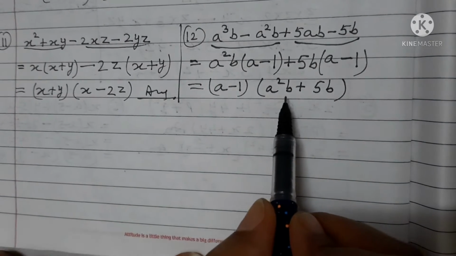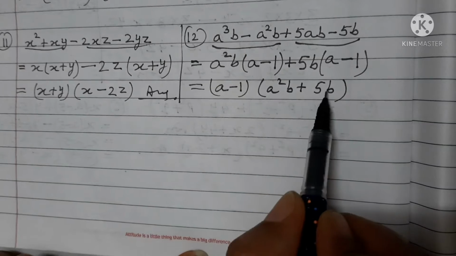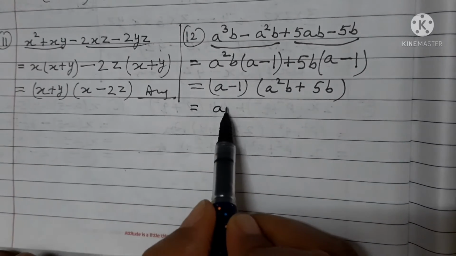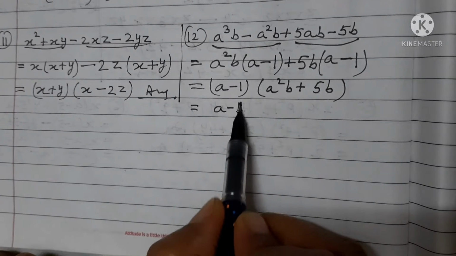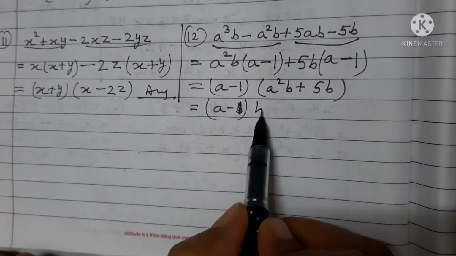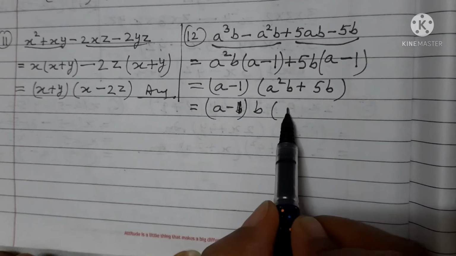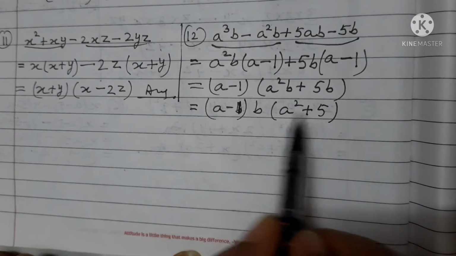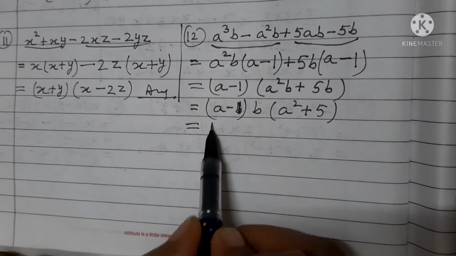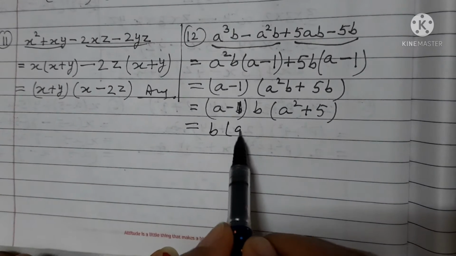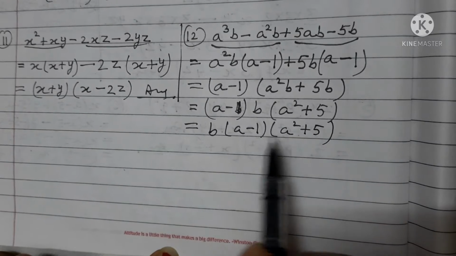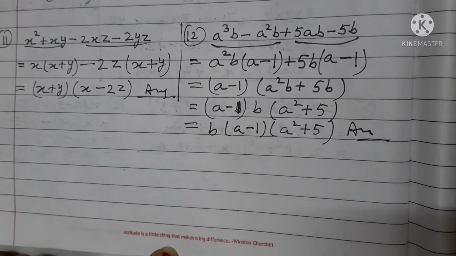Now see b is also present in these two terms, so take b as common factor. So a minus 1, and take b common, and a square plus 5. So write down in sequence, first write b, then a minus 1, then a square plus 5. These are the factors. Answer.